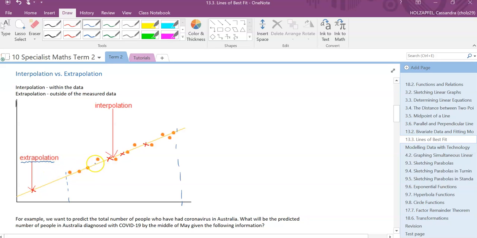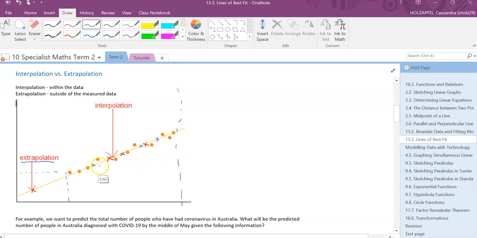The other, more useful kind of prediction that we can make is called interpolation. And what I mean by that is this is my range of data that I've actually measured, and I'm trying to find points within the data there. And that's going to be a lot more accurate, because sometimes we don't always see what's going on at this point here. We could have a line that actually continues and looks something like this.